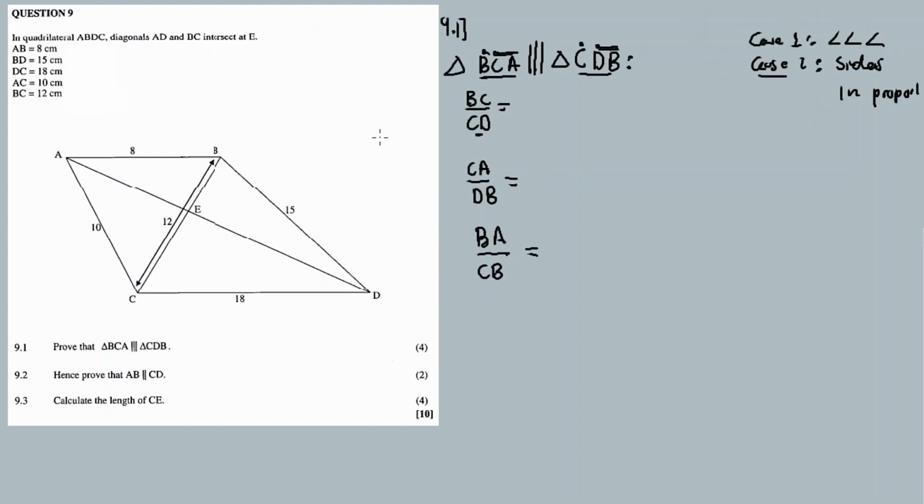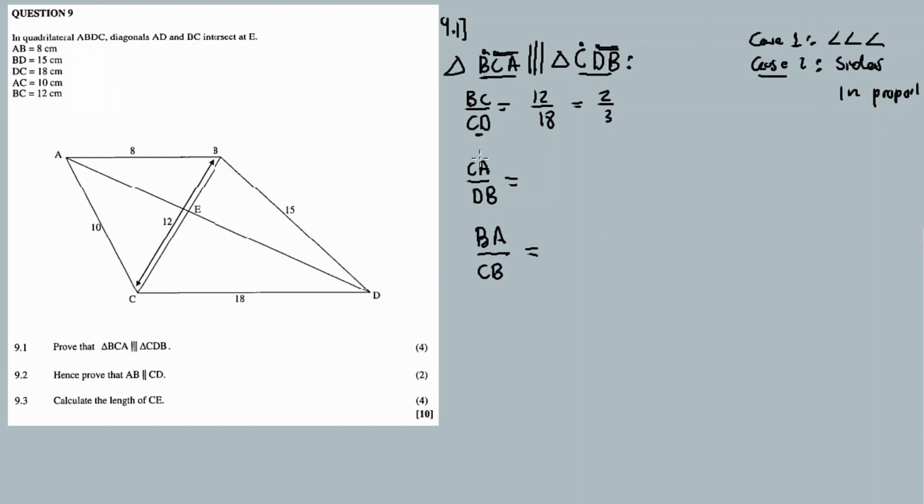So BC, what's the value of BC? BC is 12 over CD, which is 18. What is 12 over 18? Divide by 6: it's 2 over 3.